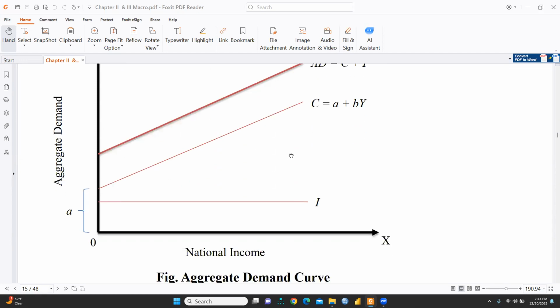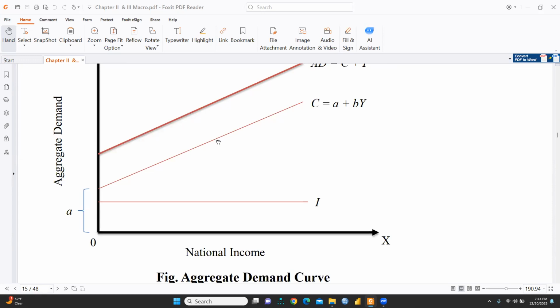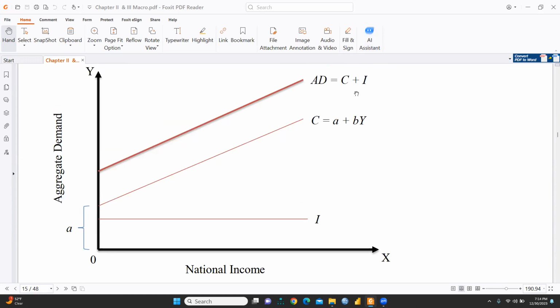In this figure we are showing both these things. C stands for consumption demand and I stands for investment, so AD, aggregate demand, is equal to C plus I. This curve shows consumption demand only, C equal to A plus BY.